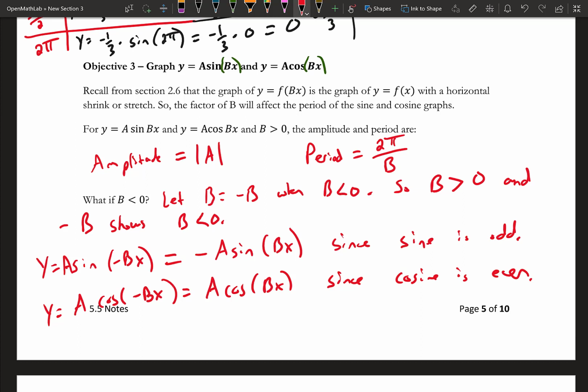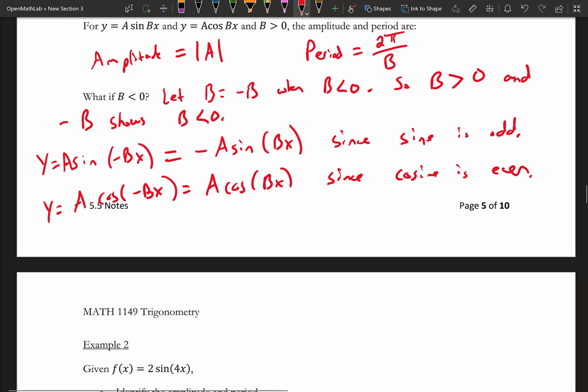So you can see that this doesn't impact the period, right? Since cosine and sine are even and odd, that's going to impact the amplitude, whether it's reflected about the x-axis or not, like we just looked at in the last objective. So in other words, if we have a negative b value, we can rewrite it using properties of odd and even functions with sine and cosine.